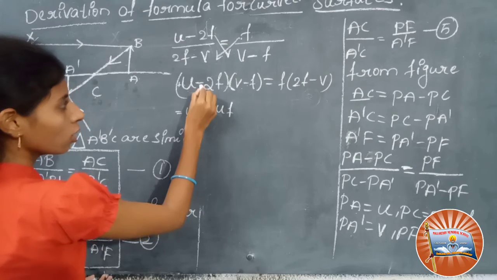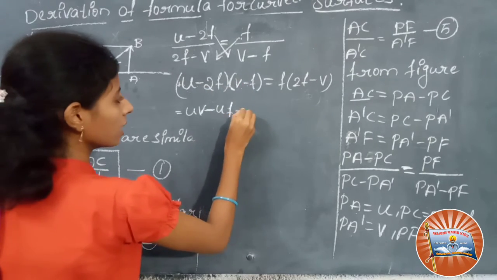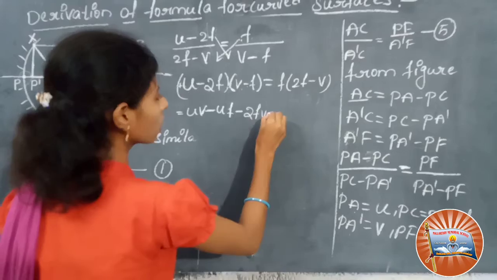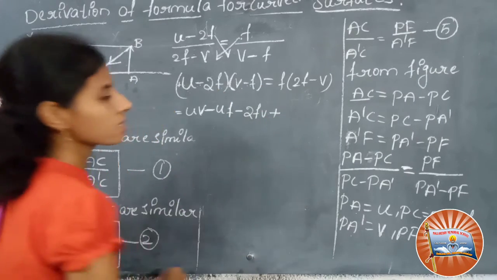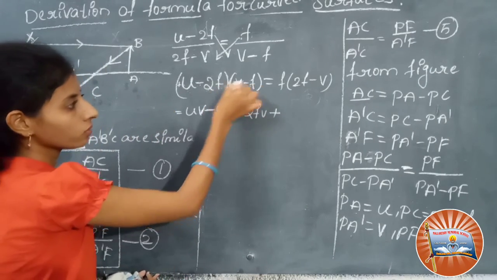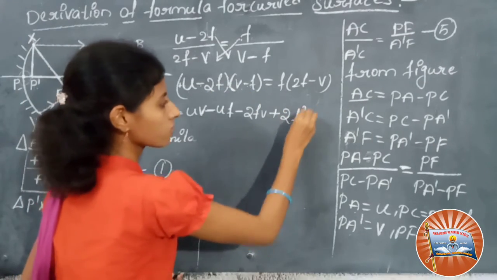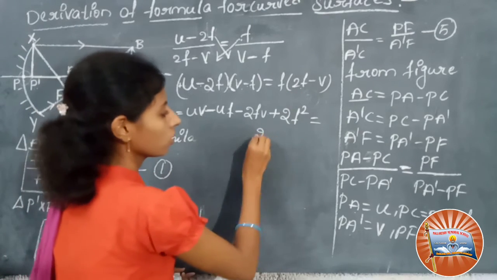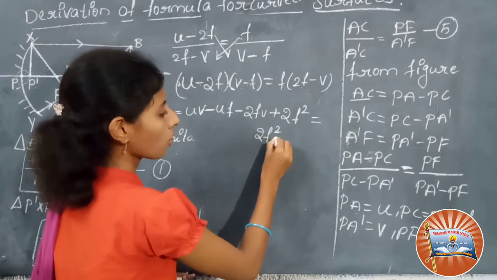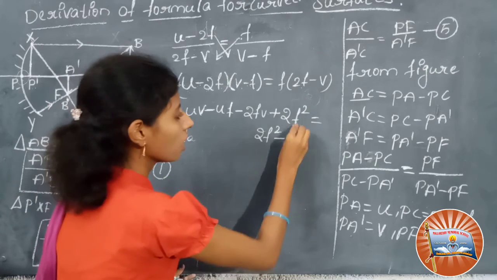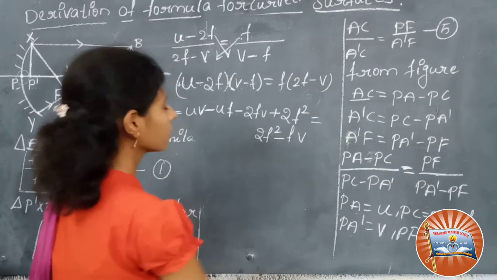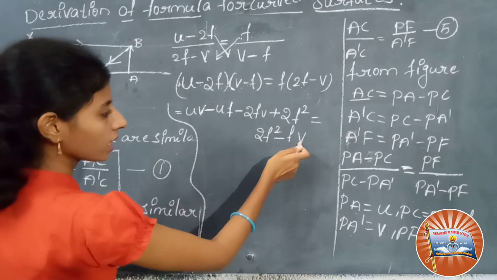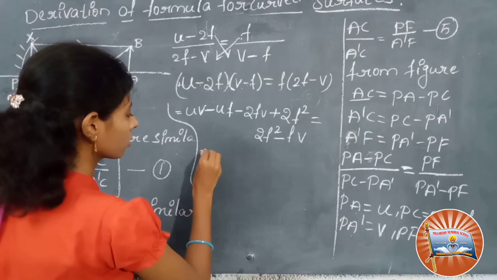Now minus into plus, minus 2f into V, 2fV, minus into minus, plus, now 2f into f, 2f square, is equal to f into 2f, 2f square, now minus fV. Now take this term to the left side.